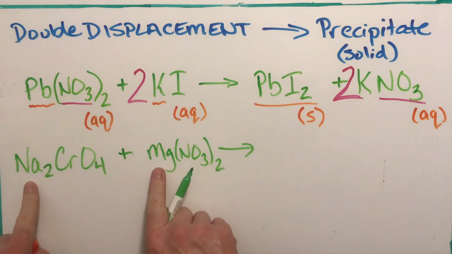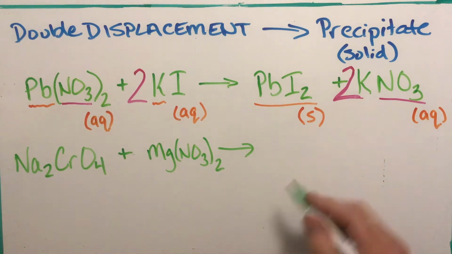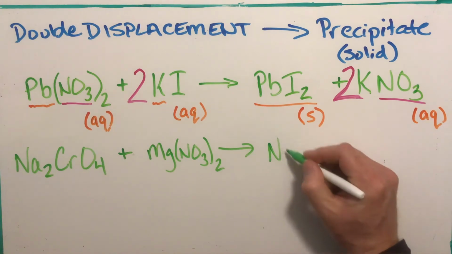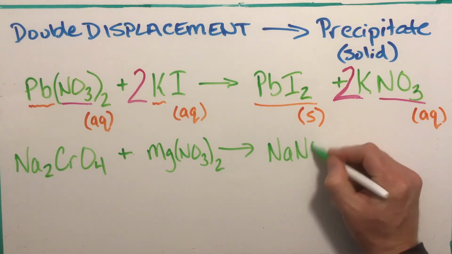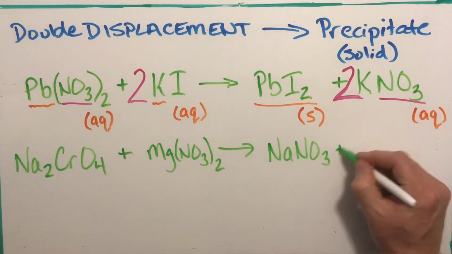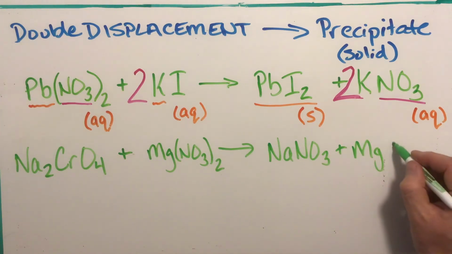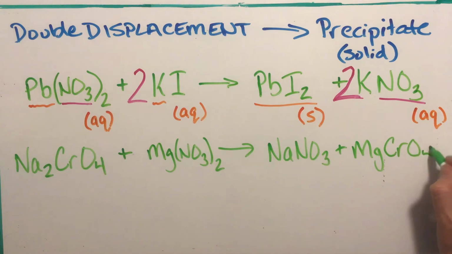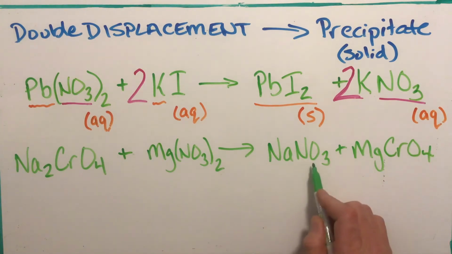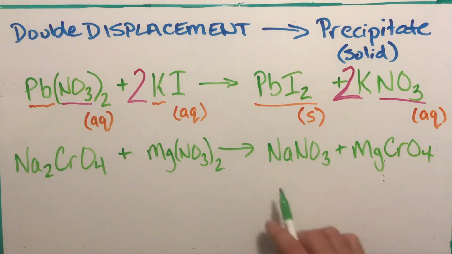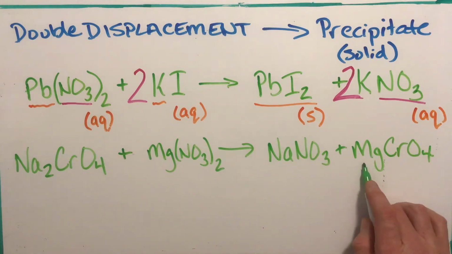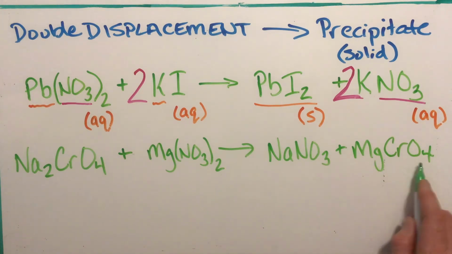Again, the 2 positive ions are at the beginning and we'll switch them. So sodium ends up with NO3, and the magnesium ends up with CrO4. This has a charge of 1, so does this, so they cancel. That's a great formula. This has a charge of 2 plus, this has a charge of 2 minus, so that's a good formula.